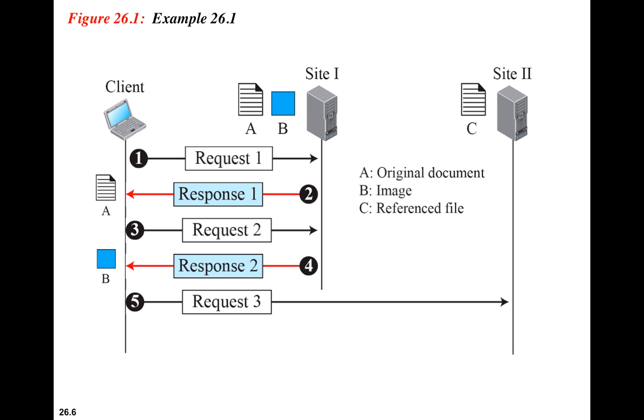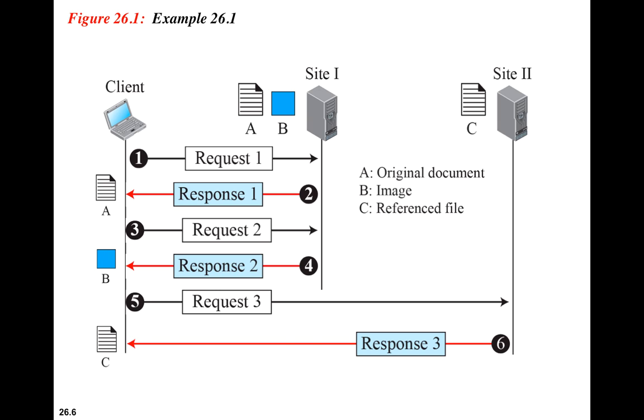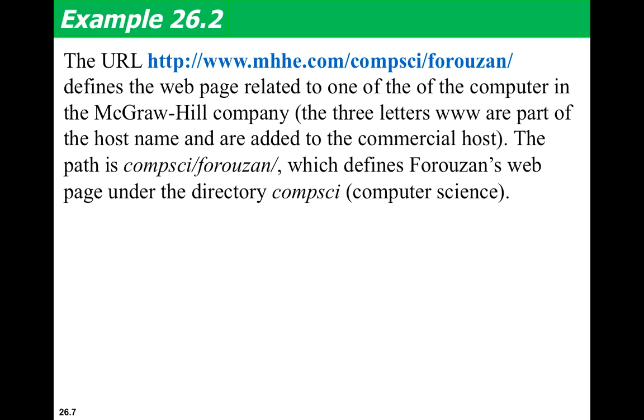And when we go to the third document, the referenced file, this is stored on another site. So our request is now directed to the other site, and we receive a response from that site. So this is the basic working of HTTP.